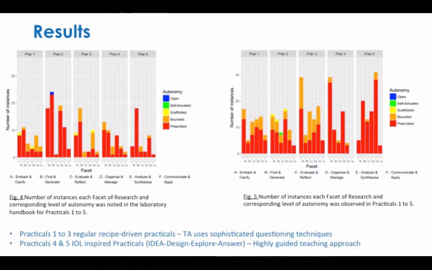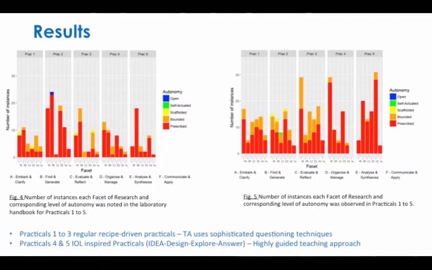The first table tells us that the lab handbook was highly prescribed, but there were also areas where skills were expressed in quite an autonomous way, but there was no alignment with the development of those skills.